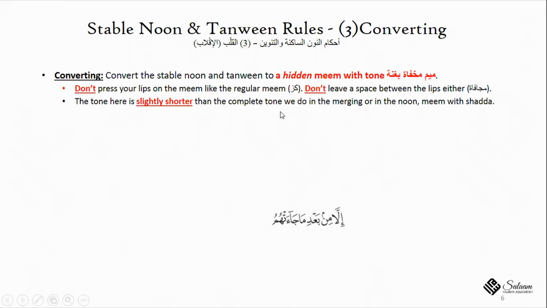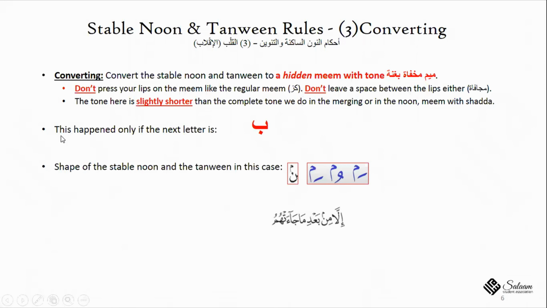So it will have tone, but it will be slightly shorter. This rule only applies when we have ba after the stable noon and the tanween.